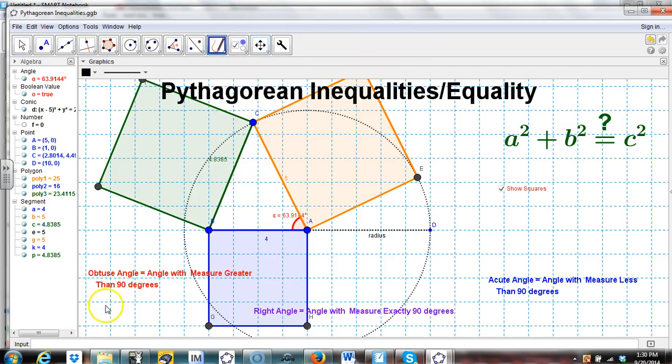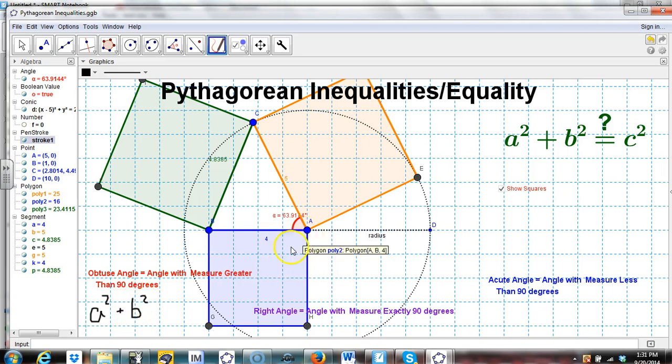So in an obtuse triangle, that a squared plus b squared, which is just representing the sum of these two squares right here, based off of our legs. If we know that that sum is less than, so I'm going to use the arrow pointing to the left, bigger side over here.